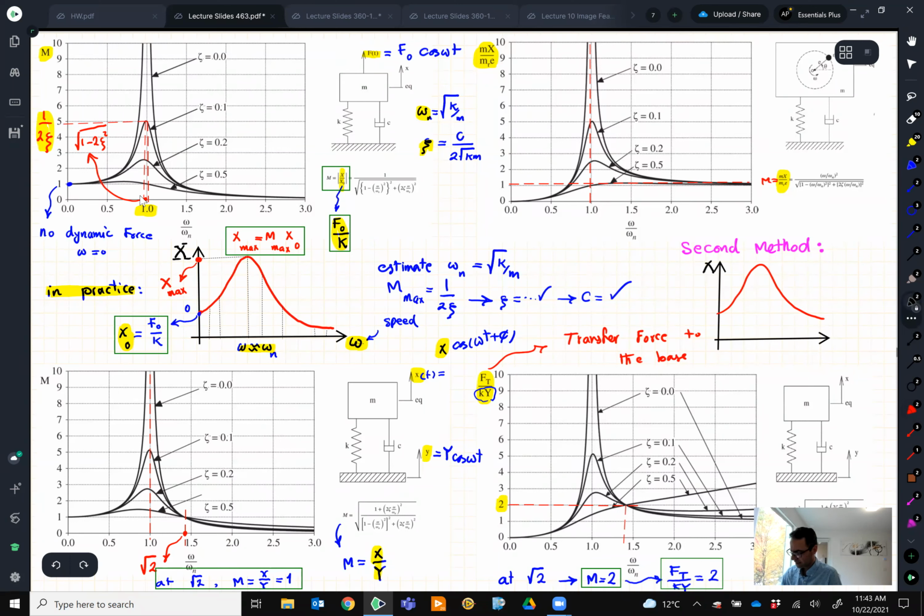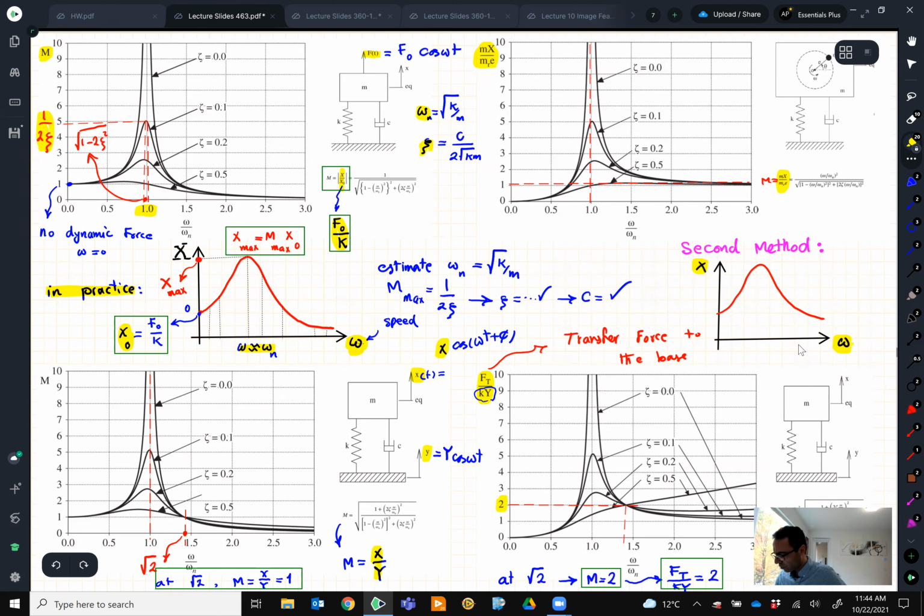This is X, and this is omega, sorry, not omega over omega n. Remember, in practice this one is omega, not divided by omega n. We divided by omega n on those graphs because we wanted to make everything without unit and make them nice. In practice, you just increase the speed. Later, you may plot it divided by omega n.